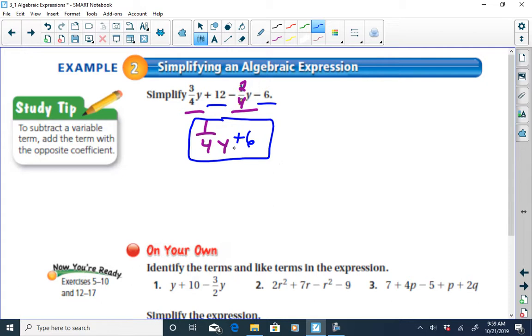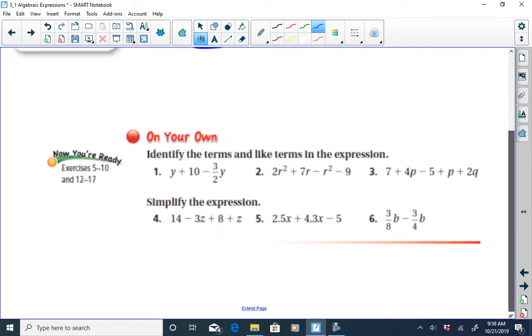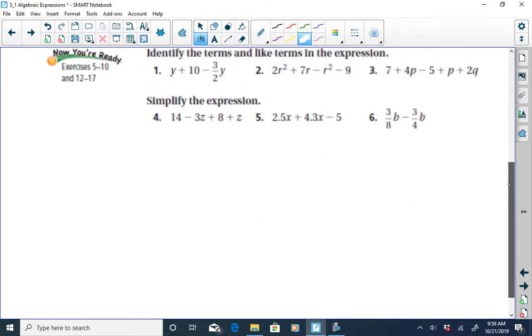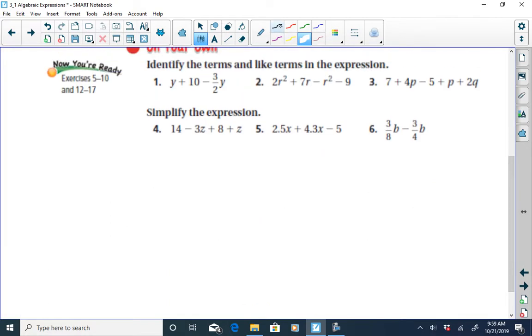Once again, an expression is in simplest form when we have no parentheses and no like terms. All right? So let's try some of these problems on our own. Let's try problem number 1. I want to identify the terms and the like terms. So for problem 1, what are my terms? Well, my terms are separated by addition and subtraction.